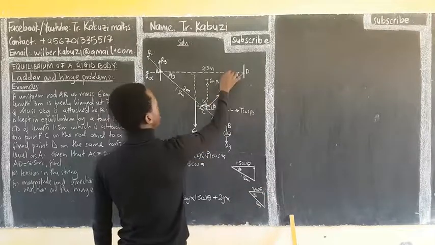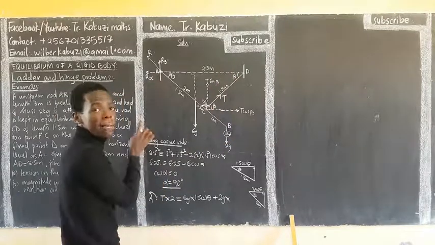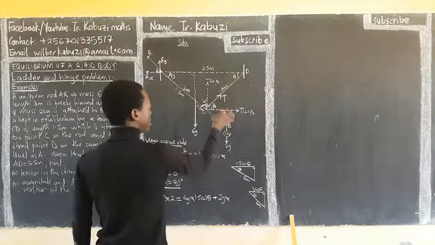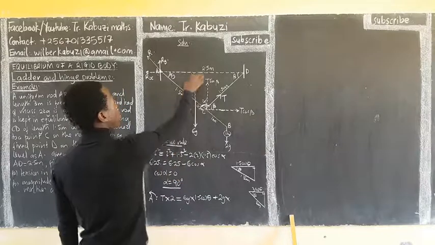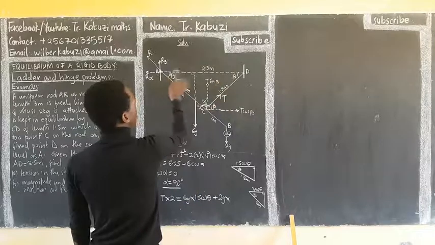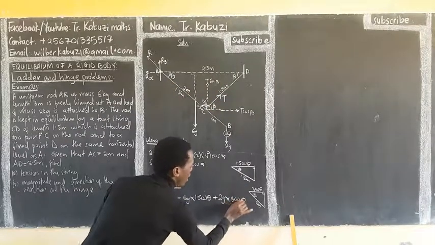This distance from here up to here is the perpendicular from where I'm taking moments. Because these are vertical forces, their perpendicular distance will have to be horizontal. Vertical, horizontal. So from here up to here, it's going to be 3 cos theta.